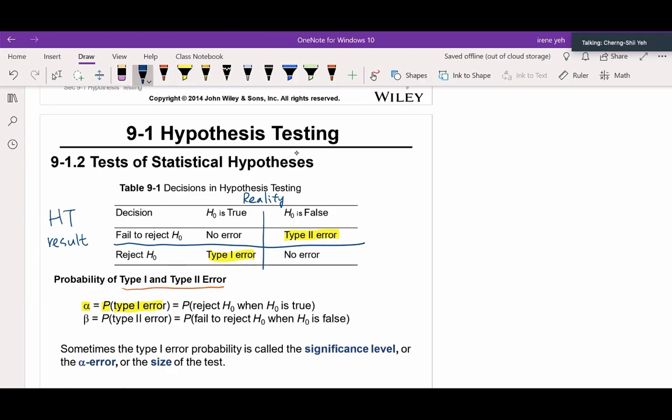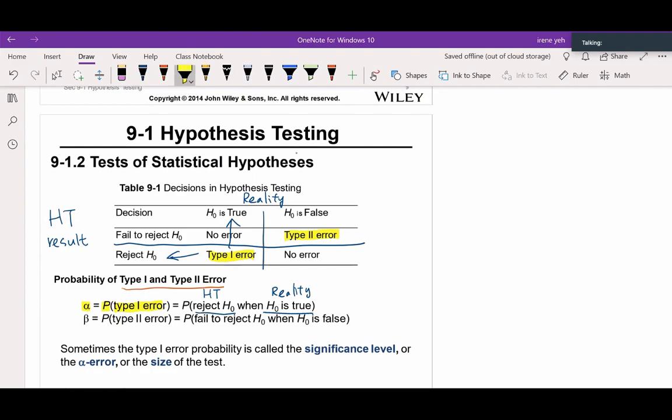From table 9.1, in your hypothesis testing, we reject the null hypothesis, but in reality, your H0 is true. So here we simply rewrite the definition into probability.